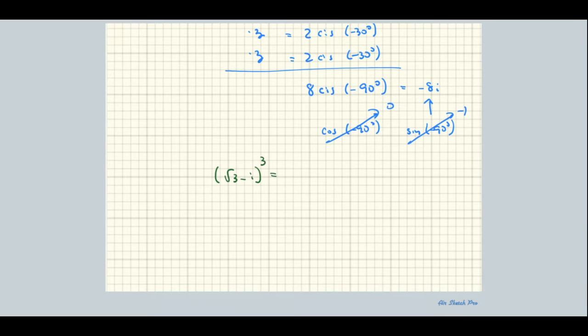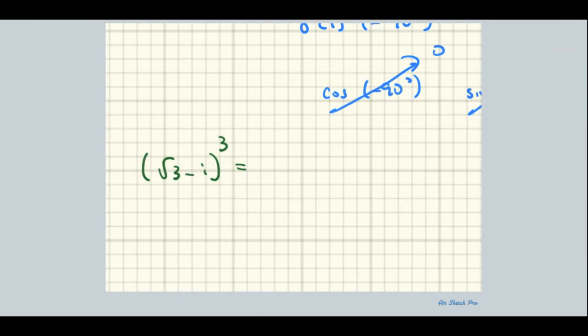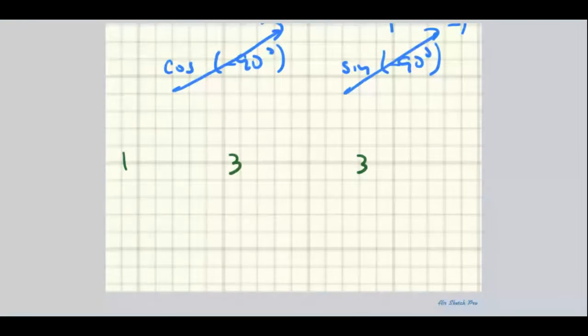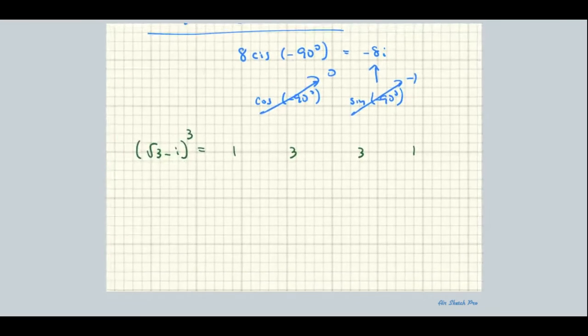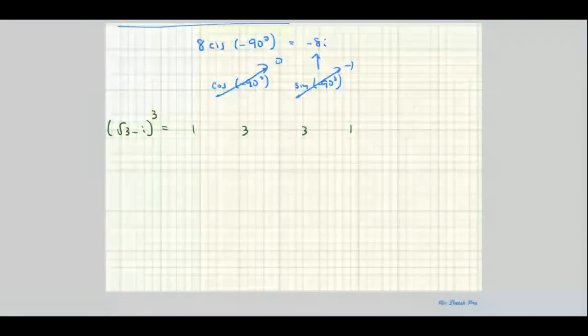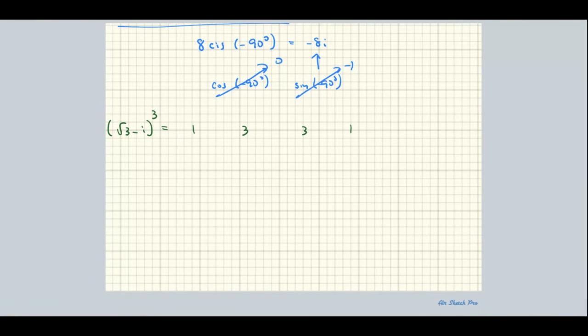Now there's a formula for the cube, and we'll actually talk about this formula, the binomial theorem. And the binomial theorem starts out with 1, 3, 3, and 1, because those are the numbers off of Pascal's triangle. Those are my coefficients. Okay?